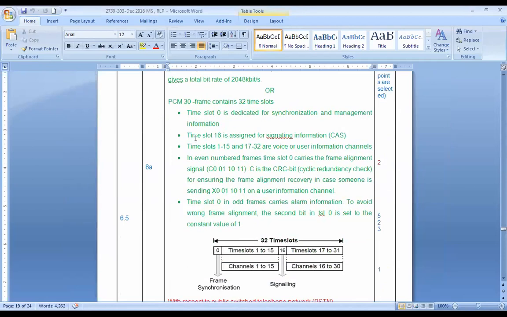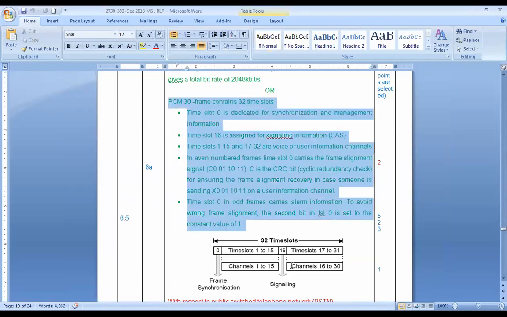Try to match up time slot 0, time slot 16, time slots 1 to 15. Just go through it.